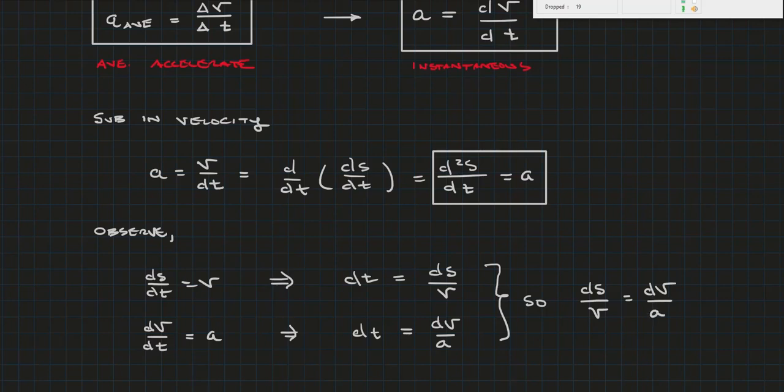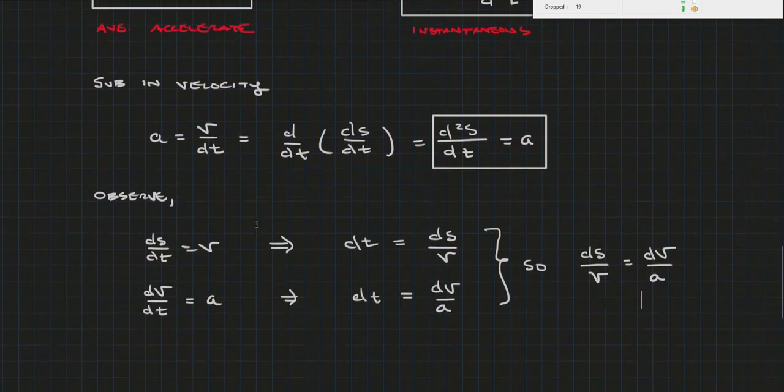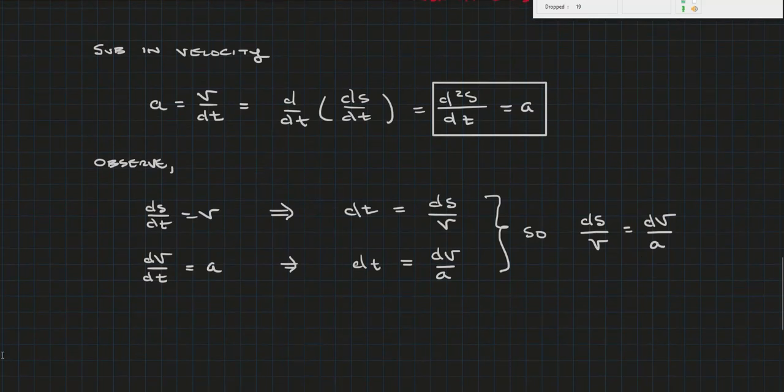I want another relationship for acceleration, so I can use algebra again and end up with a equals v dv ds, which eliminates our differential with respect to t from this relationship. And that's also another useful relationship.